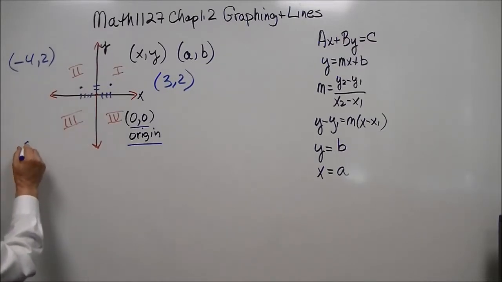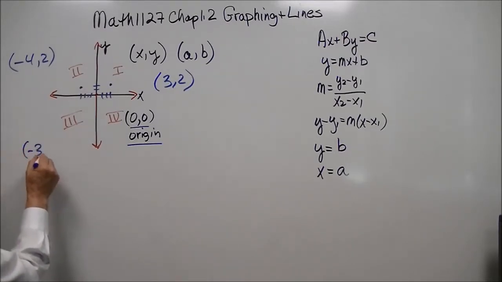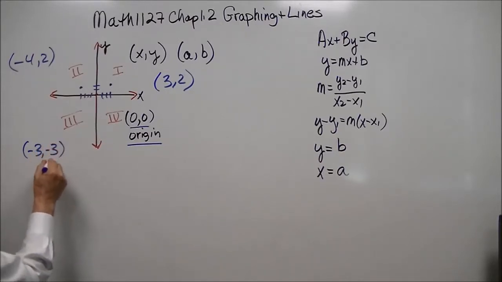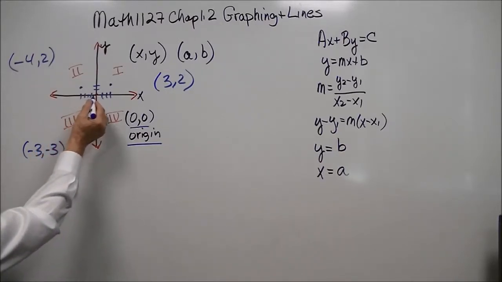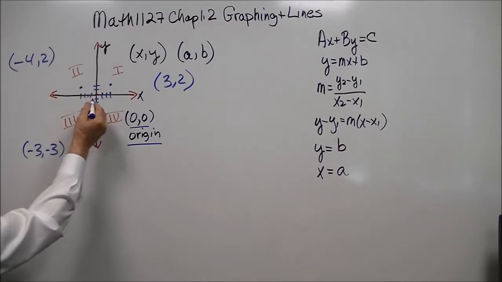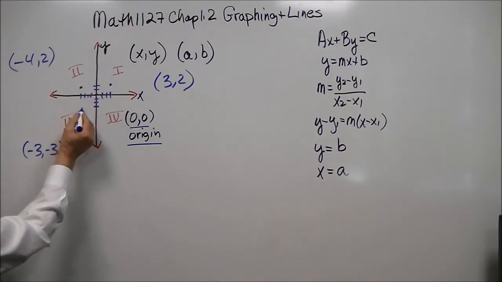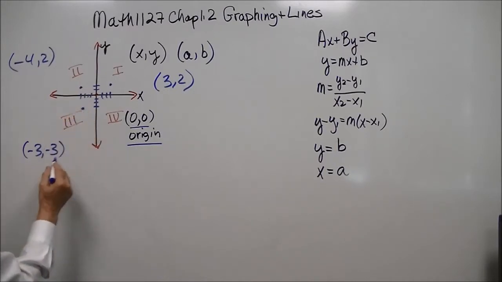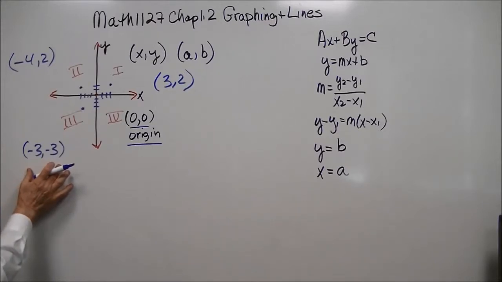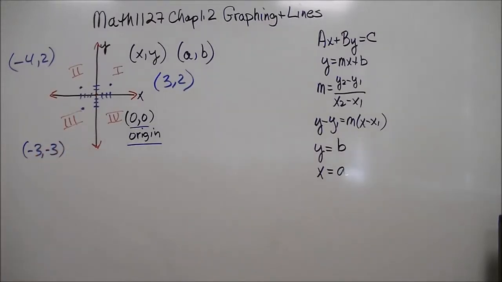In this case here, we'd have -3, -3, let's say. So we'd go over our x first, -3, and then down 3, 1, 2, 3. And that would be that point. In this case, both coordinates are negative. That would place it in the third quadrant.